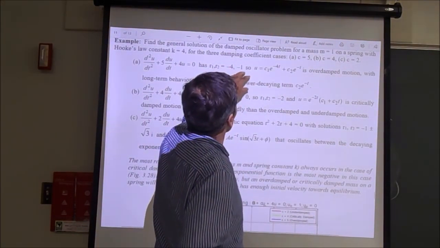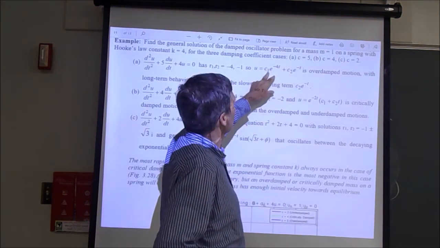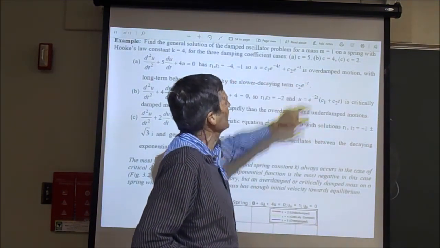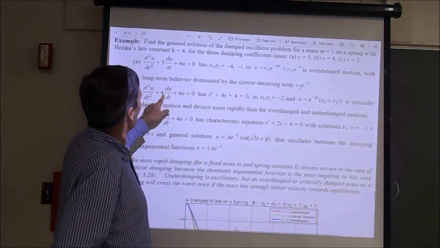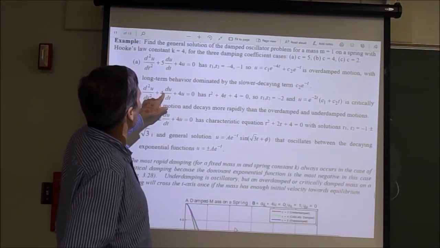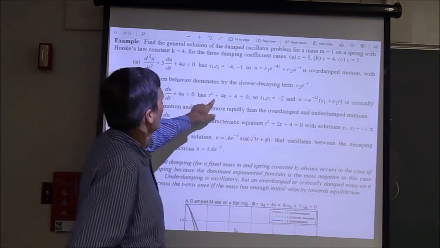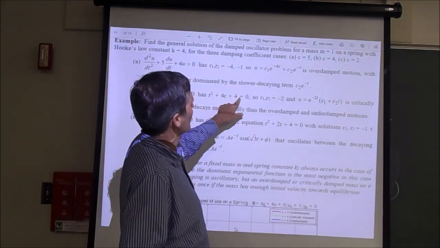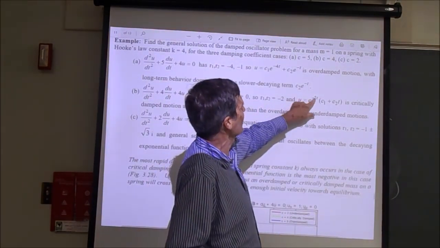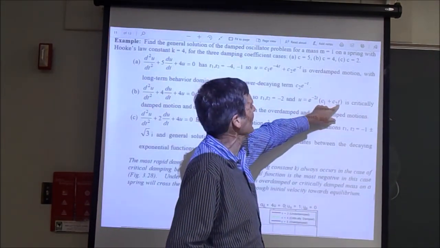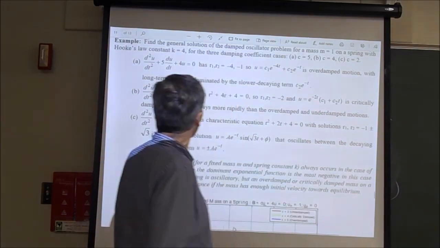R1, R2 is minus 4, minus 1, and so the general solution is C1 e to the minus 4t plus C2 e to the minus t. The second case, suppose I put a little less damping, I change the damping coefficient to 4. Now the characteristic equation has equal real solutions, and the solution is e to the minus 2t times C1 plus t e to the minus 2t times C2.